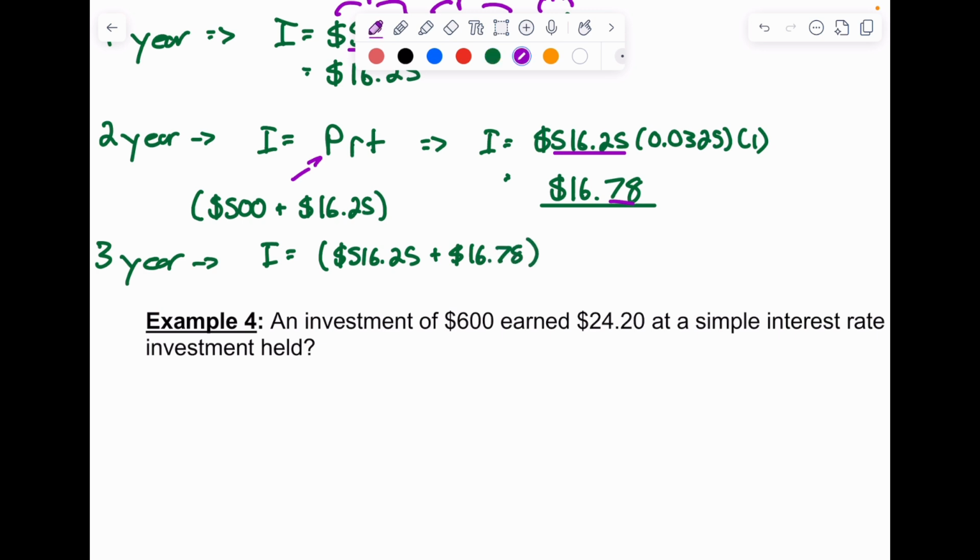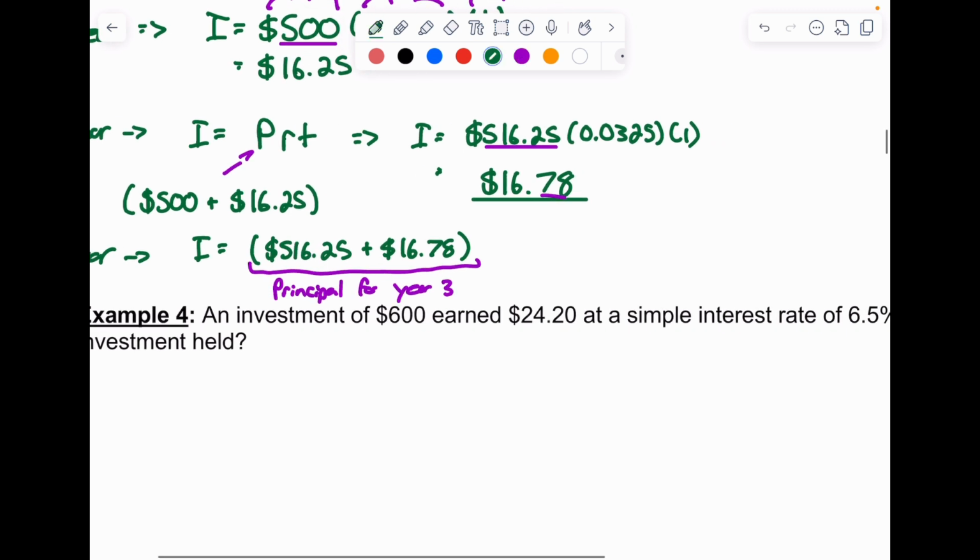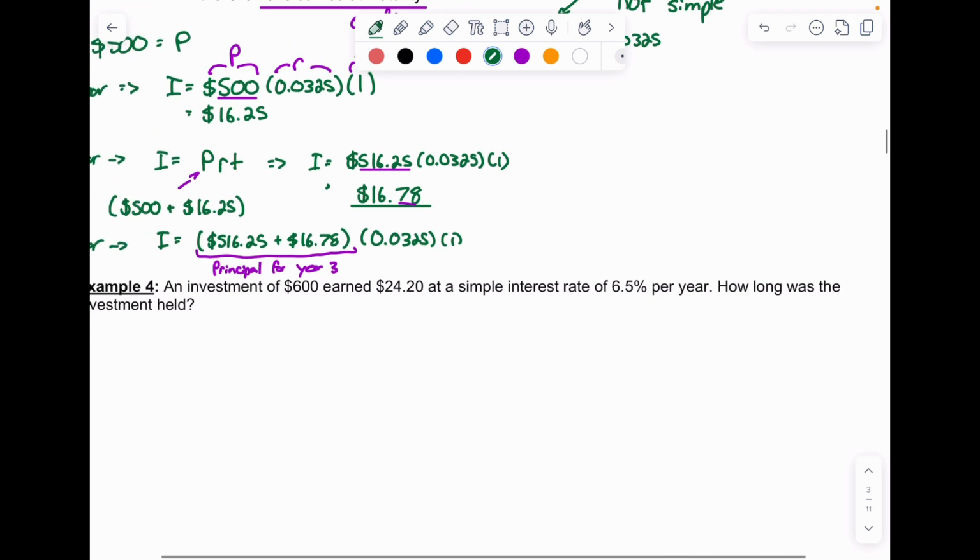So all of this would be the principal for year 3, right? But then that would still be multiplied by your rate, which is 0.0325 times that final year, okay? So let's just do our math.